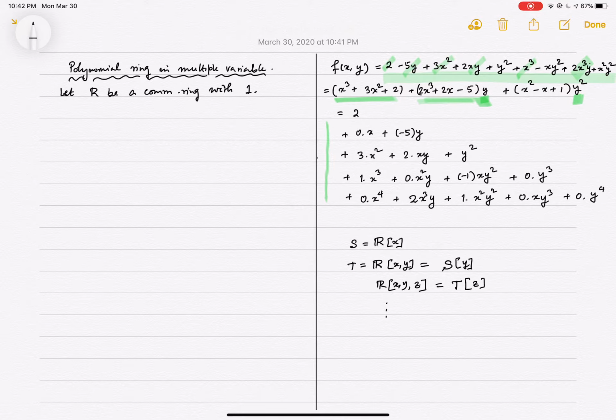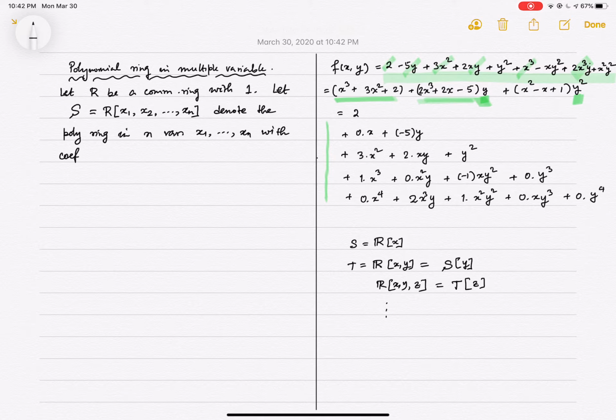And I'm going to denote by S the polynomial ring in n variables x1, x2, ..., xn with coefficients in R. And that thing is denoted by R[x1, x2, ..., xn]. And this is again a commutative ring with 1.